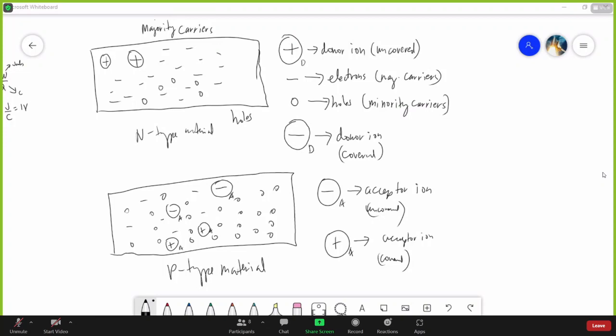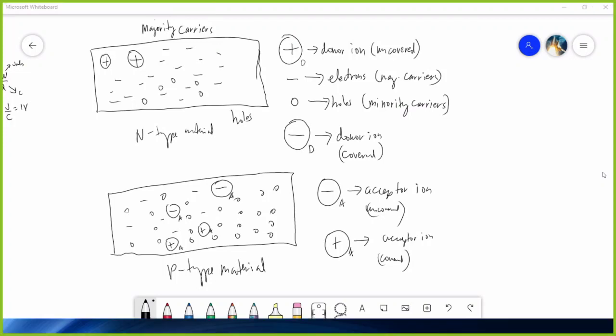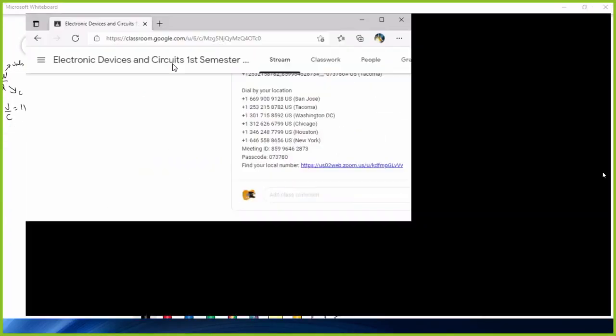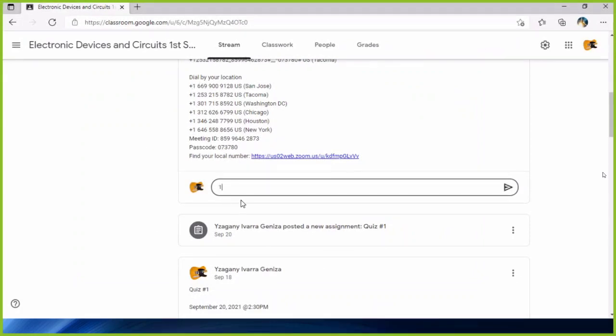Any more questions? So most of the materials na mapapanood nyo sa YouTube, makikita nyo sa mga textbooks, sometimes they simplify it. Kasi sa N-type material, millions, even billions ang laman niyan.